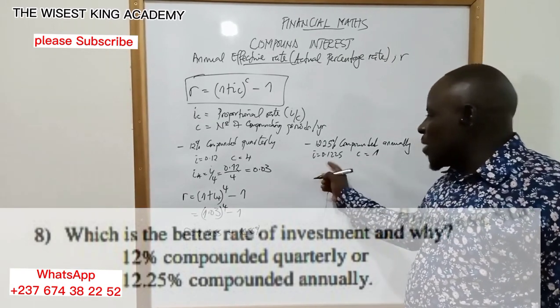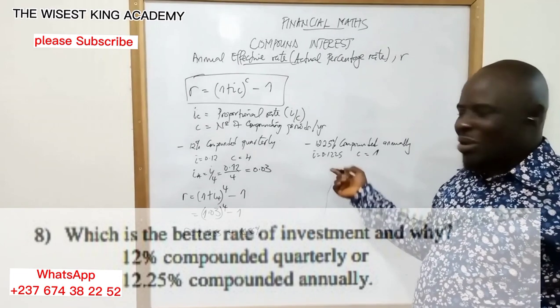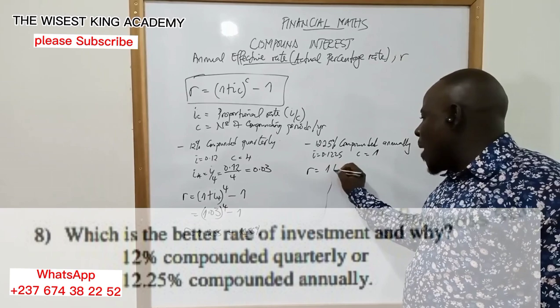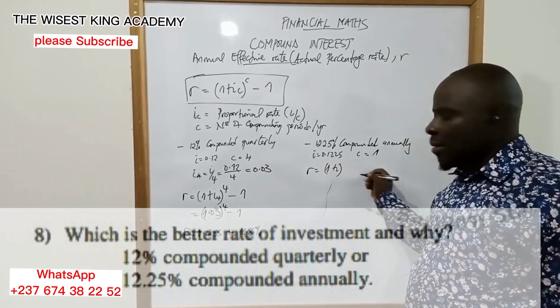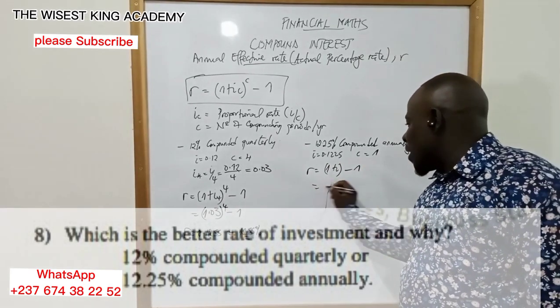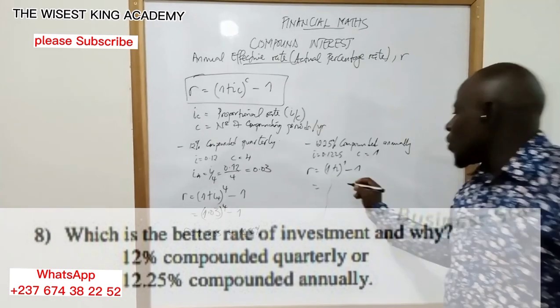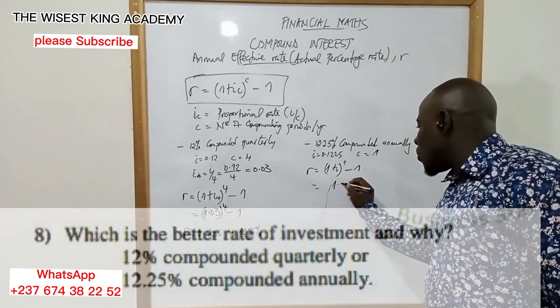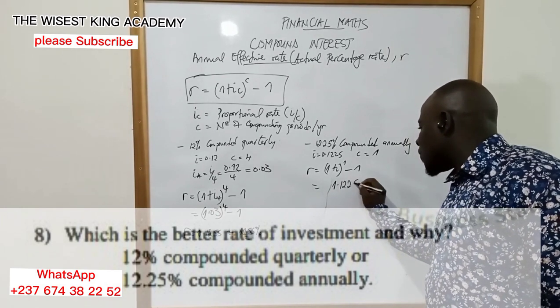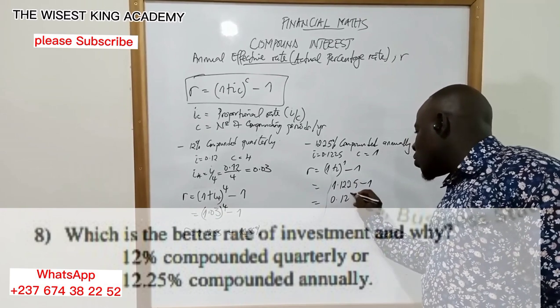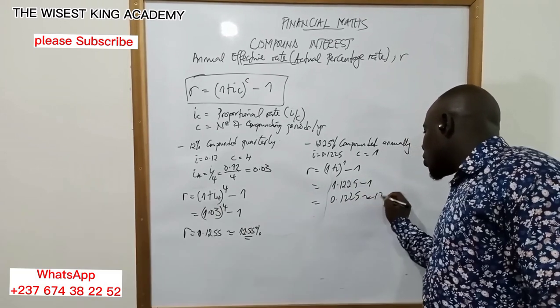So I1 is still I, because I divided by 1 is the same thing. So R will be equal to 1 plus I raised to the power 1 minus 1, which will be equal to, let me put the power 1 so that you see, although it's tautology, 1.1225 minus 1, which will still be equal to 0.1225, which is 12.25%.